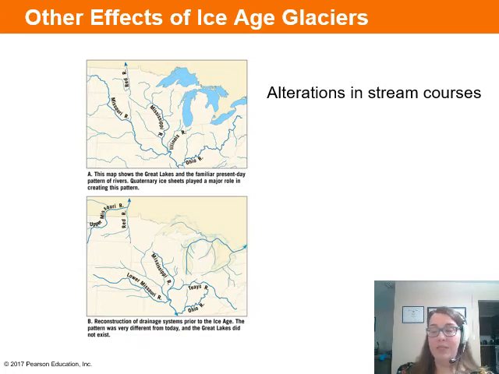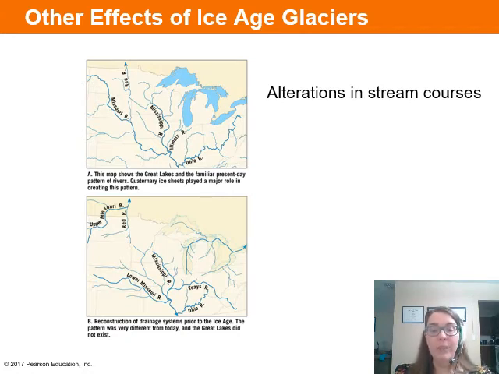But just like we're seeing these Great Lakes forming after the ice has melted, we're going to see that our streams change their paths as well. So this bottom image is major rivers before our last ice age. But this upper image is what it looks like after the Great Ice Age.